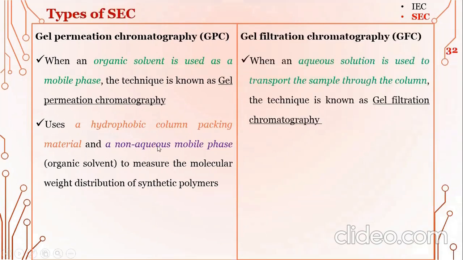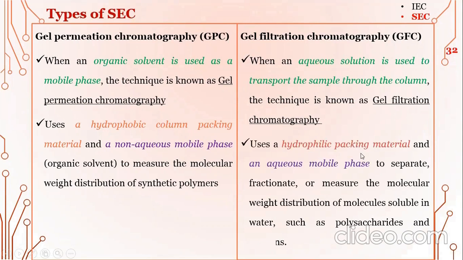The other type is gel filtration chromatography. In gel filtration, an aqueous solution is used as the solvent to transport the sample through the column. This uses hydrophilic packing, whereas the previous one used hydrophobic packing.